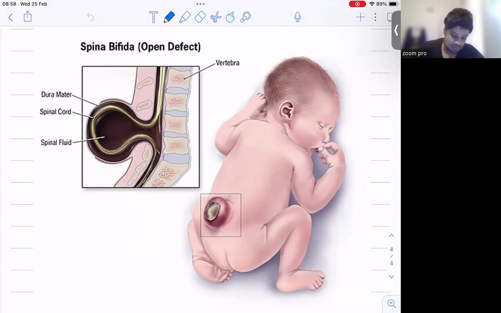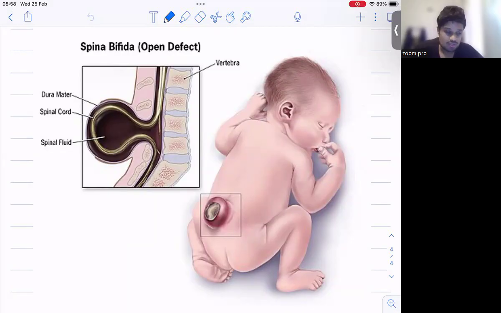So there's a vertebral defect, and your meninges, spinal cord, and nerve roots herniate through that. Then your neural tissue gets exposed to the outside, which can lead to infections and inflammation. So that is the basic idea about meningomyelocele.